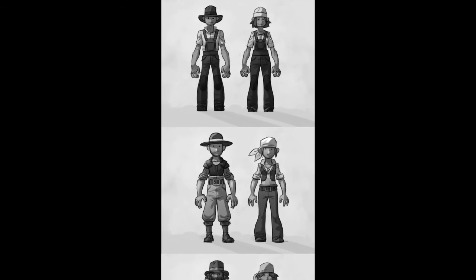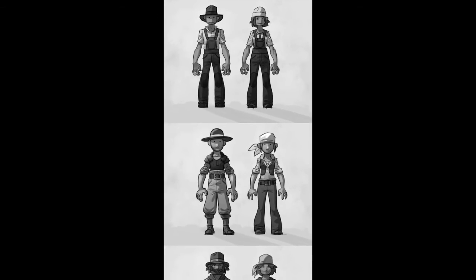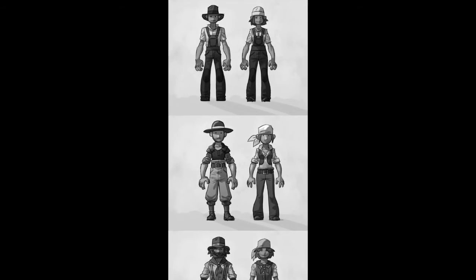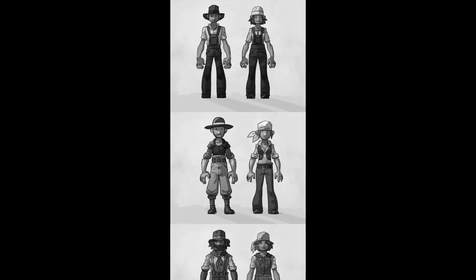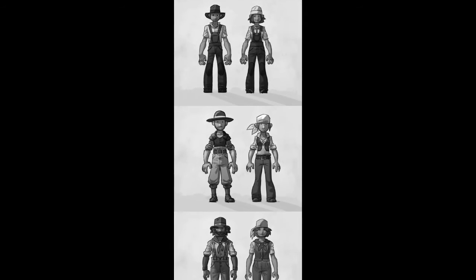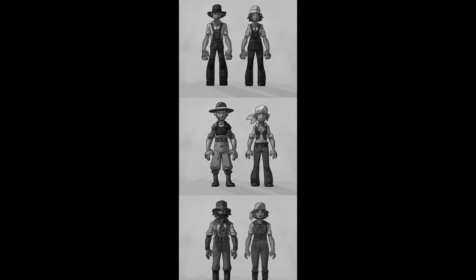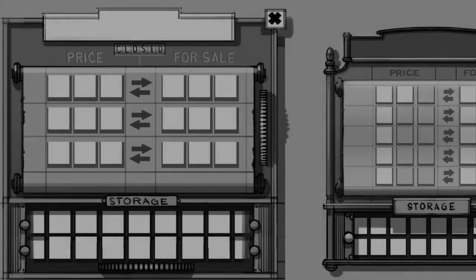Then Milenko's also been working on the crafting UI, how that will look. What is it called? The market system, or what is that? The one below the characters. Yep. Looks like a trading system. Yeah, the trading system, I would say.